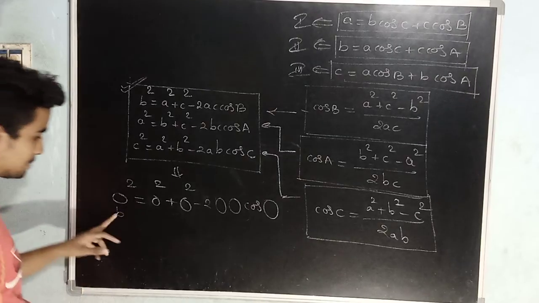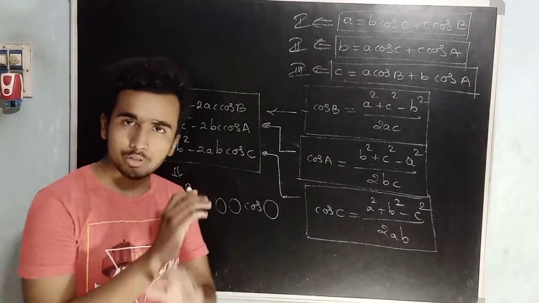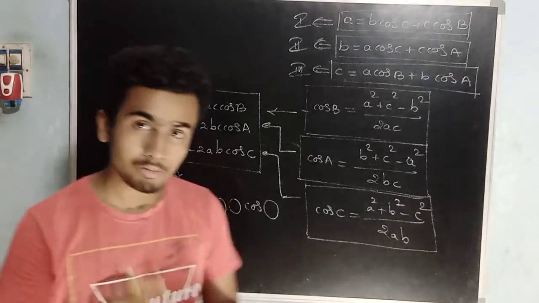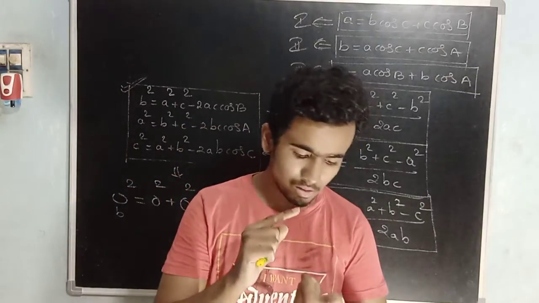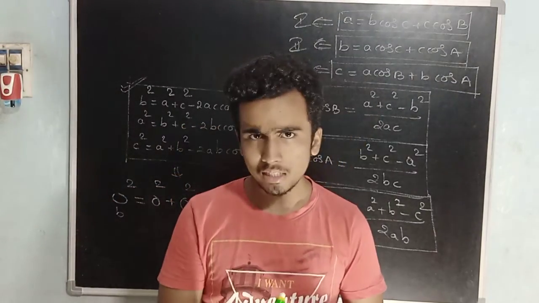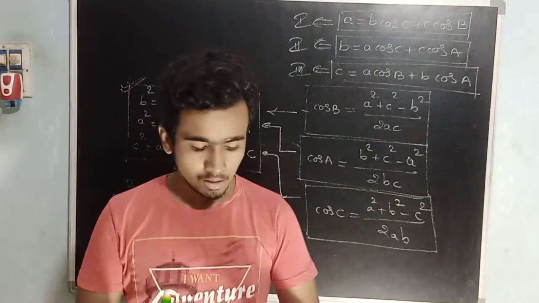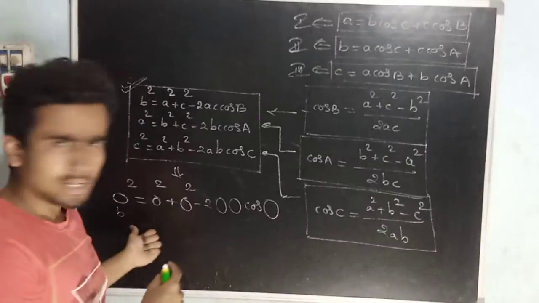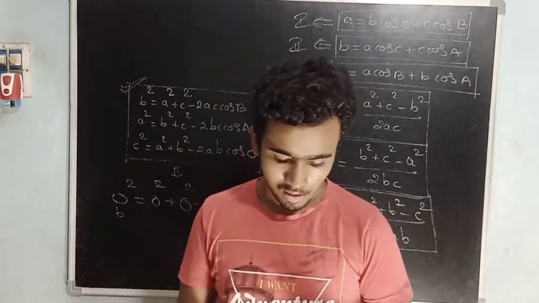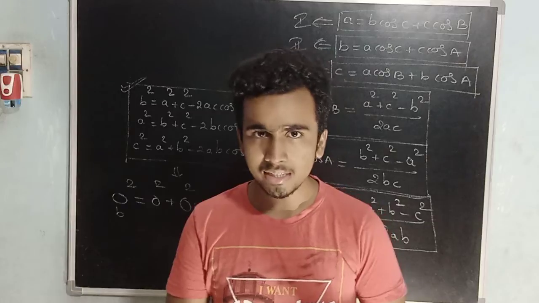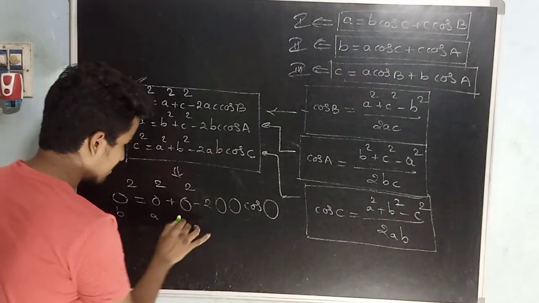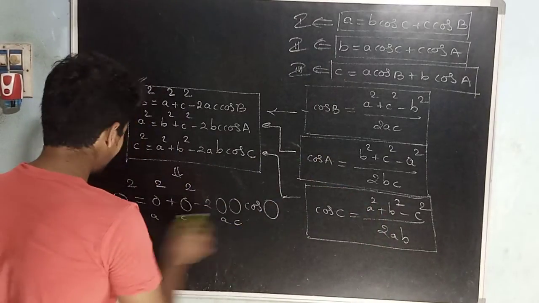Suppose let me consider here b. In RHS we should not take b. So what variables do we have? When we remove b, we have a and c. Basically three sides a, b, c as per the triangle. When we consider b, we have the other two sides a and c. So we need to write it here: a, c, ac, cos.